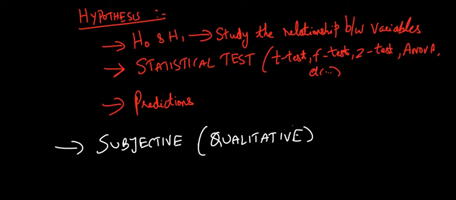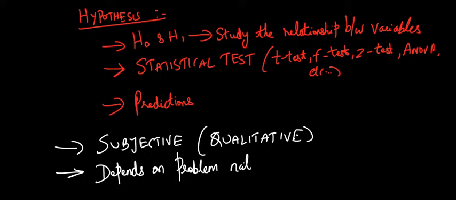Now, having seen this, how do you know whether a particular method of inquiry is appropriate? The appropriateness of any method of inquiry depends on the problem nature, and the research can be either experimental or non-experimental.